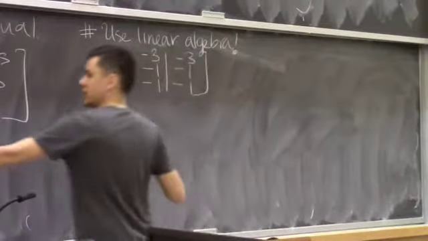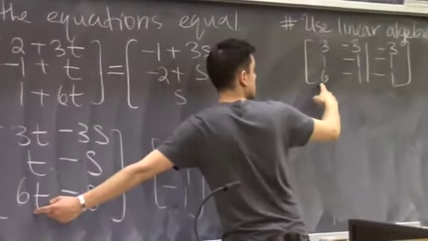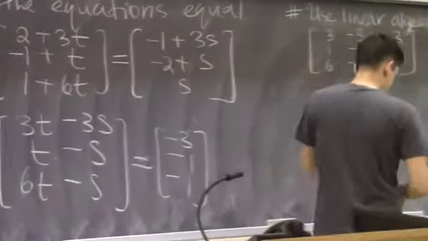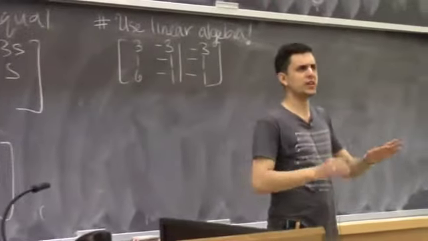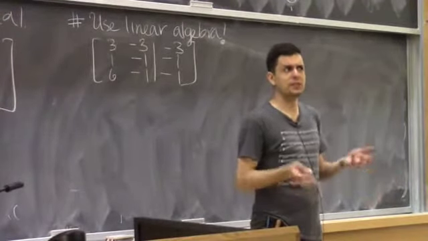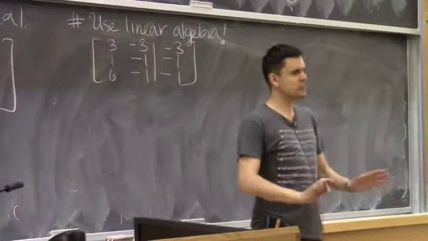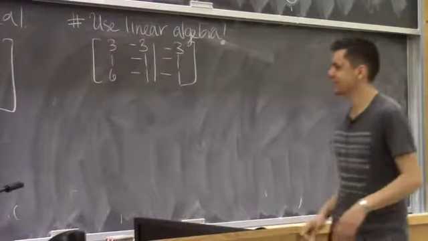So this negative s turns into a negative 1. This 6t turns into a 6. Are people okay with that? Are people definitely not okay with that? Pretty neutral crowd, tough crowd. Okay, that's fine.